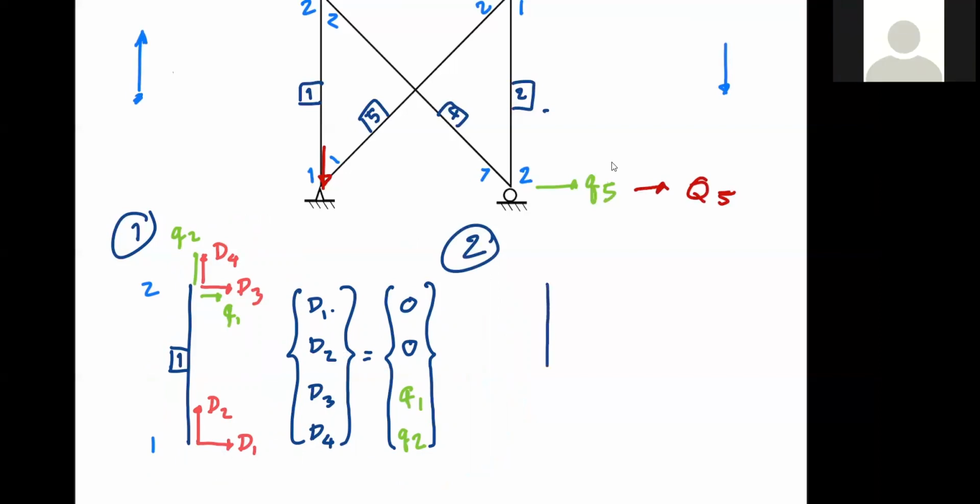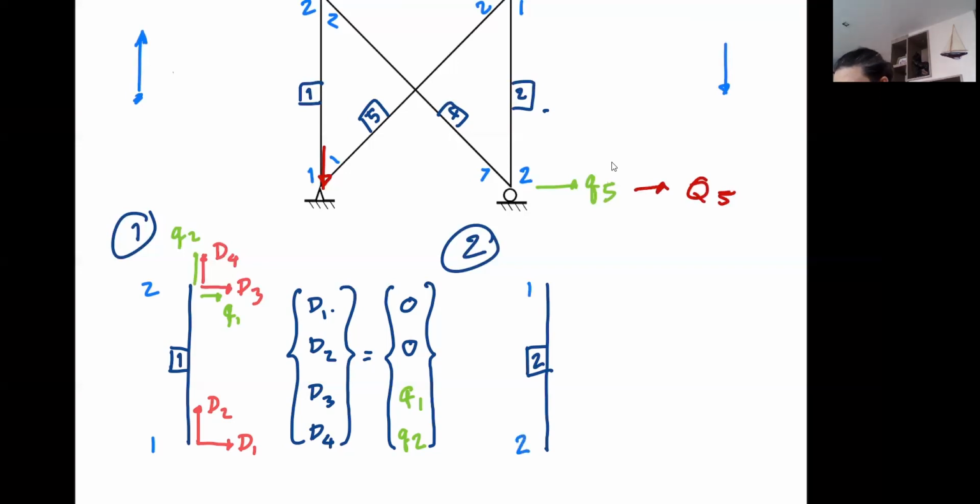For member 2, remember, for understanding and for fun, I have deliberately called this local node 1 and local node 2, meaning this time, at local node 1, this is going to be our D1. This is going to be our D2.